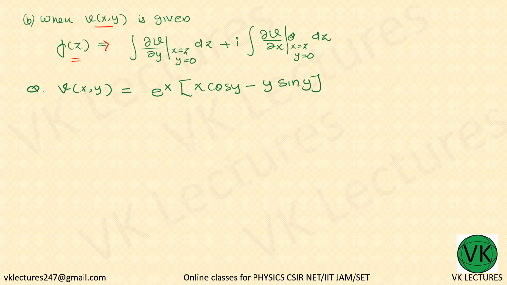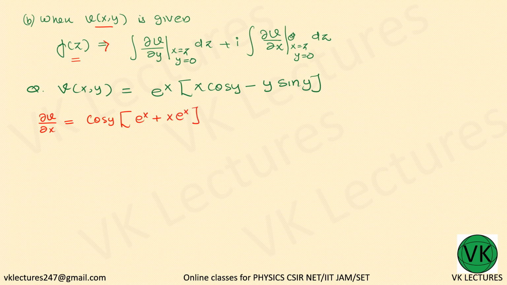Now let's start with dou v by dou x, that's e to the power x into x cos y. So cos y into e to the power x into derivative of x, that is e to the power x, plus x into e to the power x.